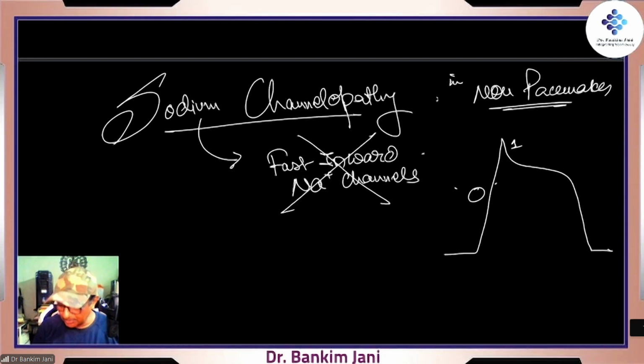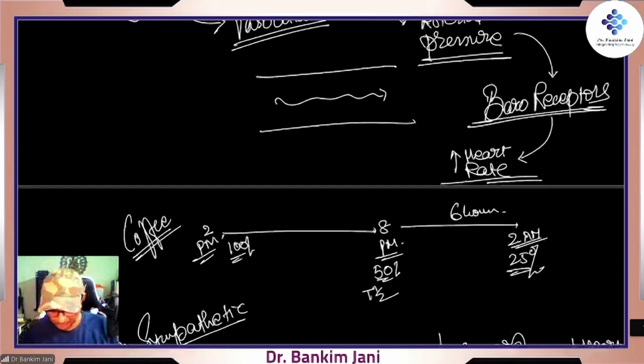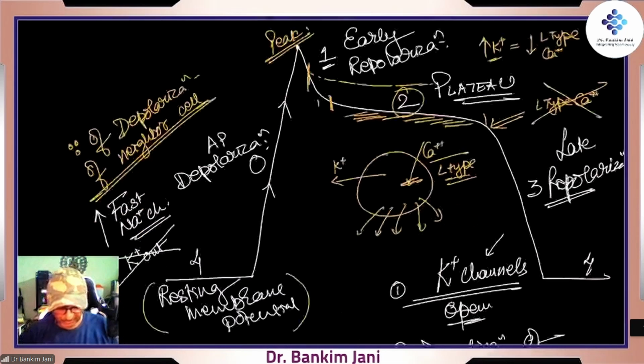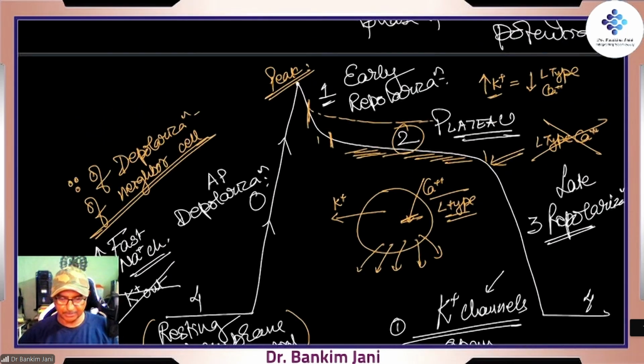This is phase 0. This is the phase when the fast sodium channels were open. That's why there was a spike, and then the rest of the channels came into the picture. So this is phase 0, rapid depolarization, the action potential depolarization.